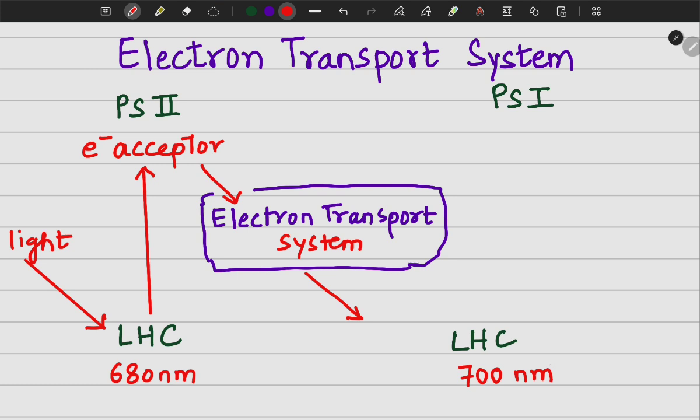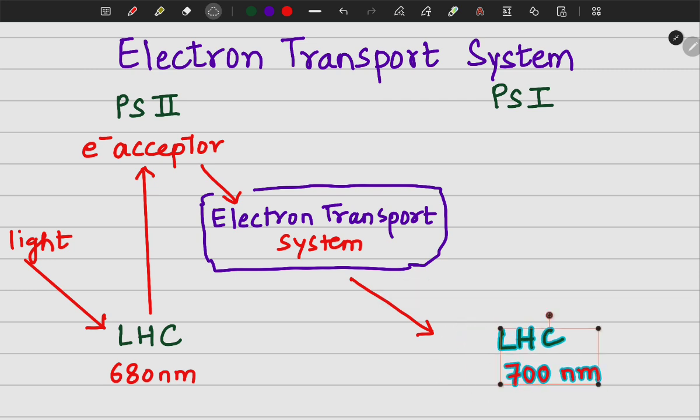Again a similar sequence of events will happen here as in PS2. The electrons will get excited. Let me move it a bit here so that it looks proper.